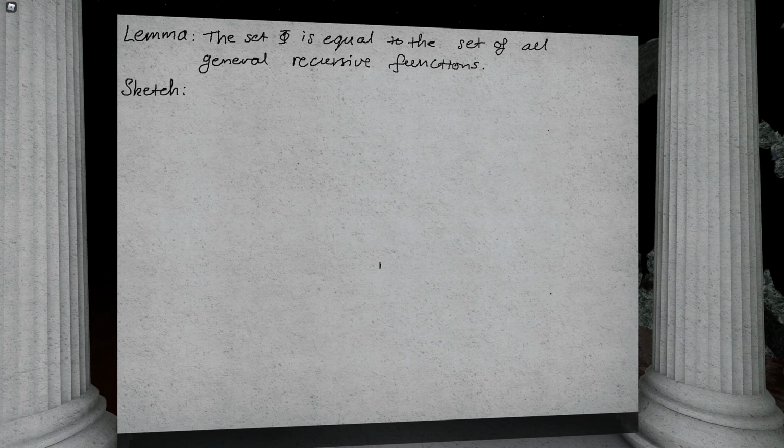So the sketch is, say I had a function which was defined by primitive recursion.